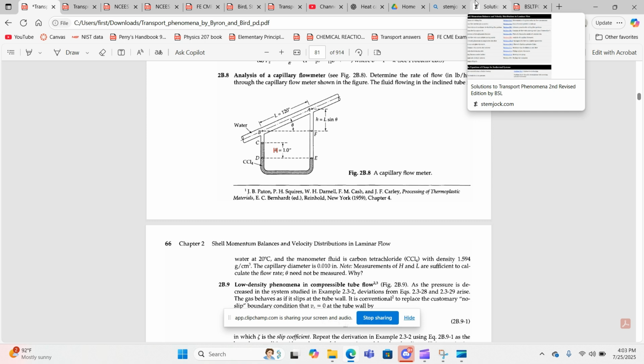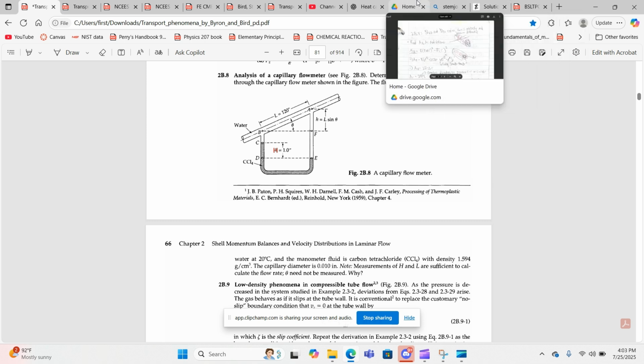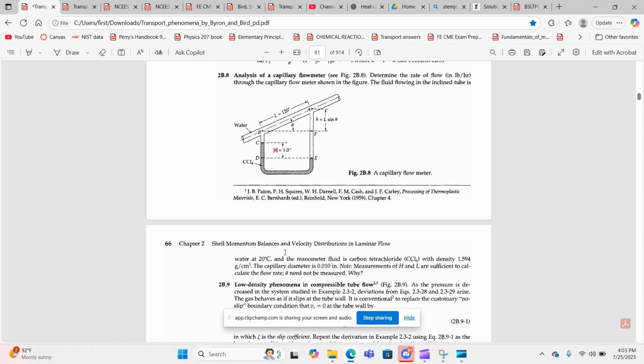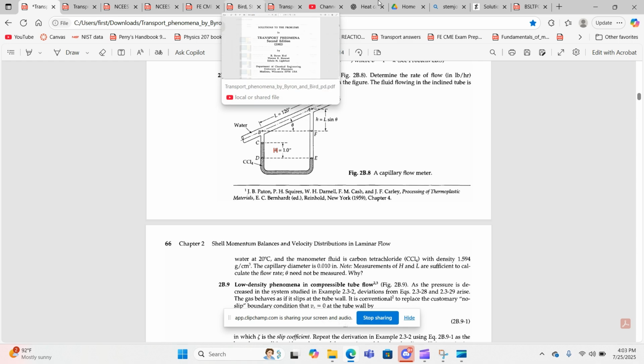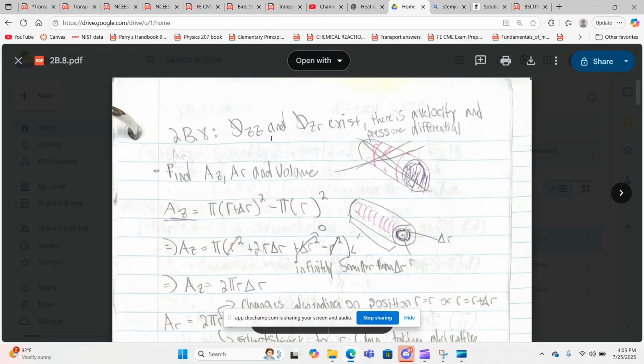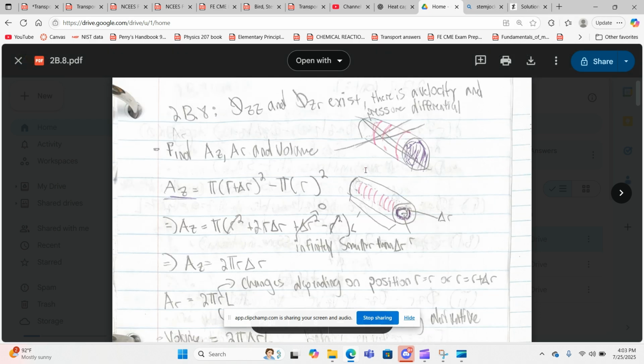That's a laminar assumption. I don't know if the problem says that specifically, but oh yeah, laminar flow, chapter 2, laminar flow. That's where we can say that specifically. So that's why we have these two.